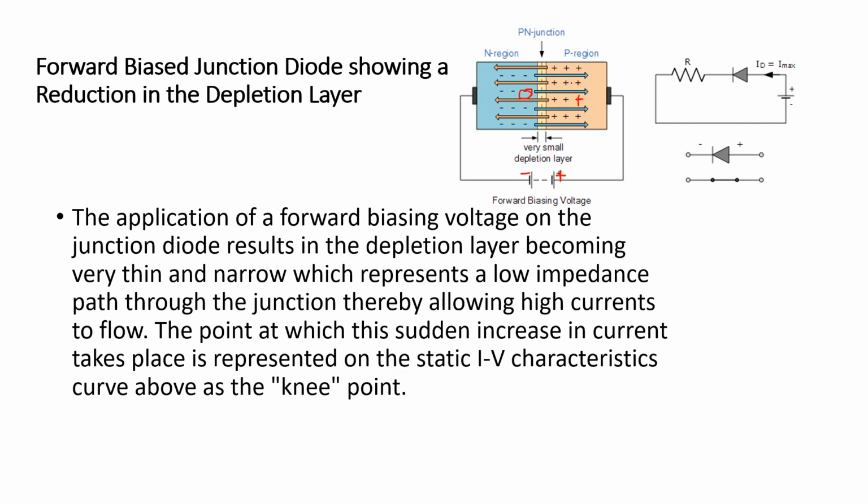And whenever we have a diode in forward bias, we say that it's a closed switch. So this right here is what we call a closed switch, which just tells us that current is flowing.